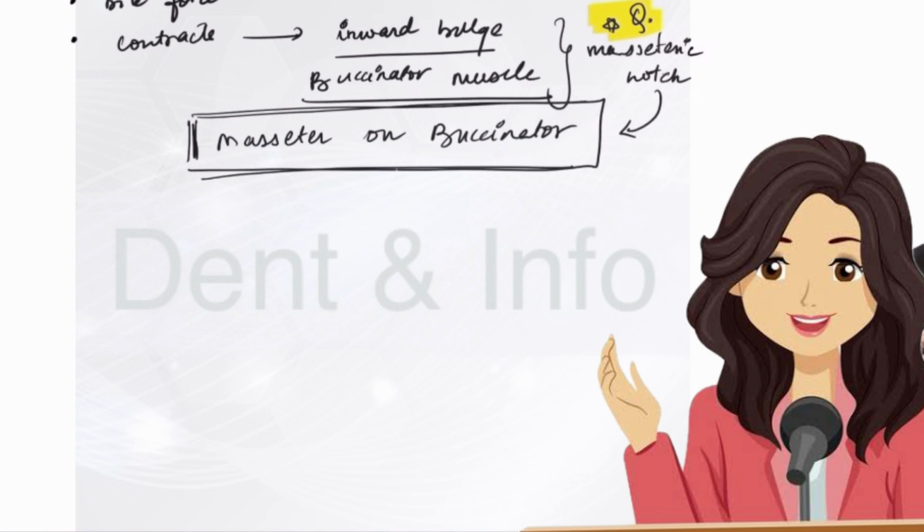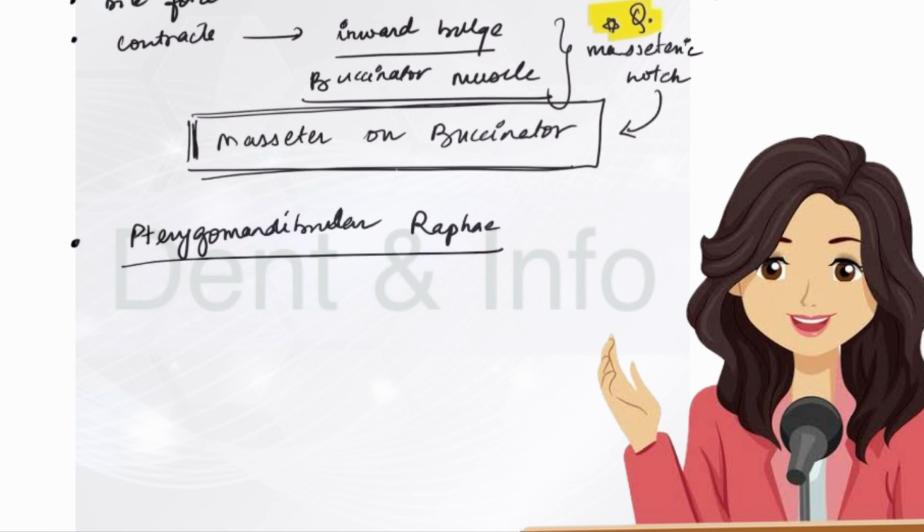Now, the next part on the posterior aspect, which I want to discuss, is the pterygomandibular raphe. Now, initially I told you, we'll take a focused approach to preparation. Ideally, if I sit down, I could teach you anatomy and landmarks for hours together. But then I don't want to bore you with excessive information which is actually not relevant for your exams.